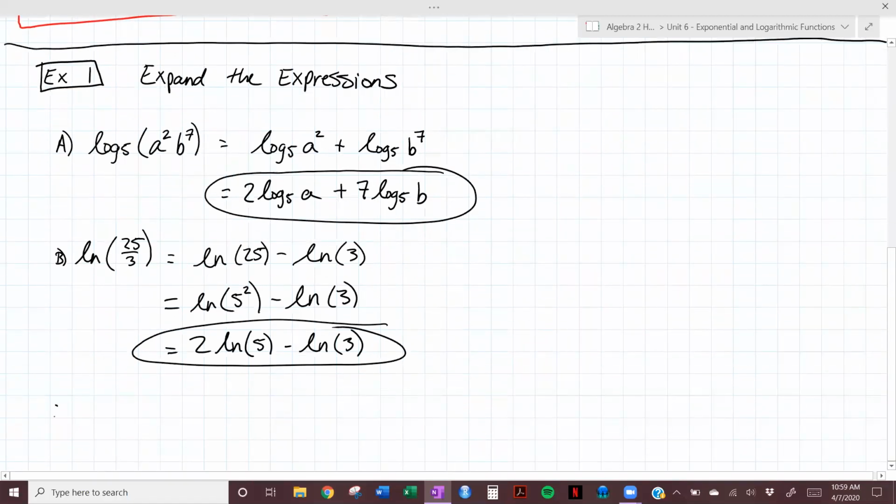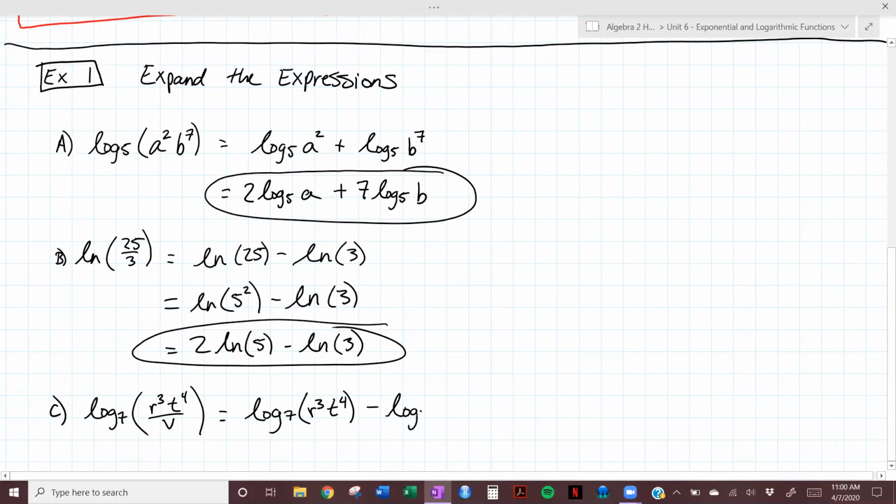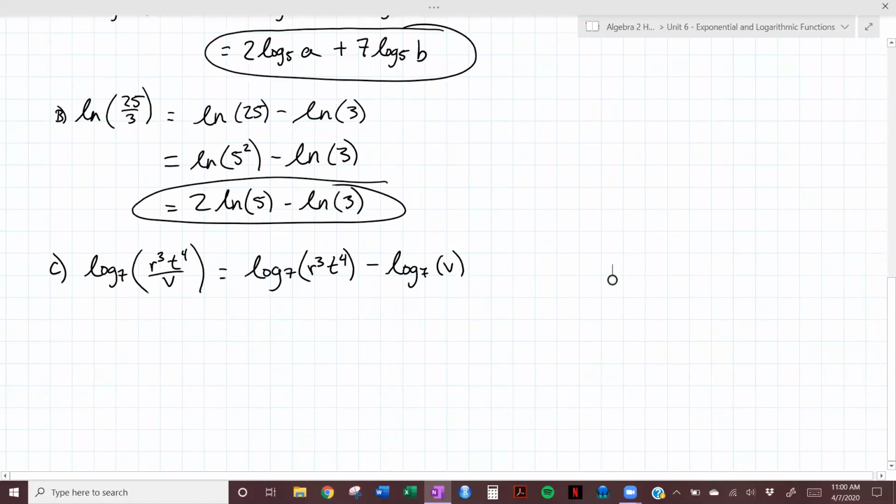So I'm going to do one more example. We have log base 7 of r cubed t to the 4th divided by v. So we need to break this up. This is log base 7 of r cubed t to the 4th minus log base 7 of v. Now we got to break it up even further.